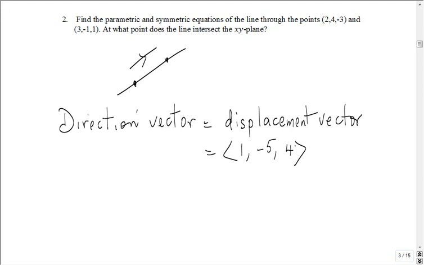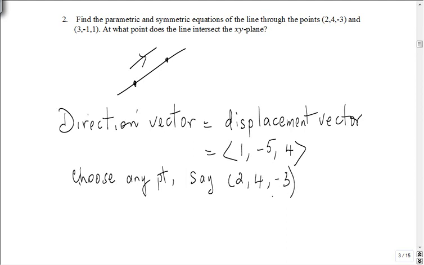And now you can choose any point, because both points lie on the line, so you can choose any point for your equation. All right? So let's start with the parametric equations. You can put a note that we're choosing any point because both points lie on the line. Okay, I'm going to say choose any point, say 2, 4, -3.